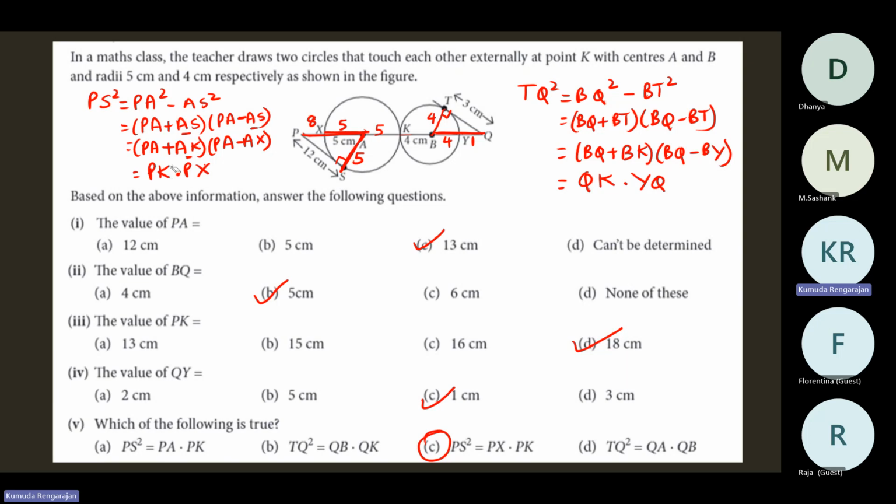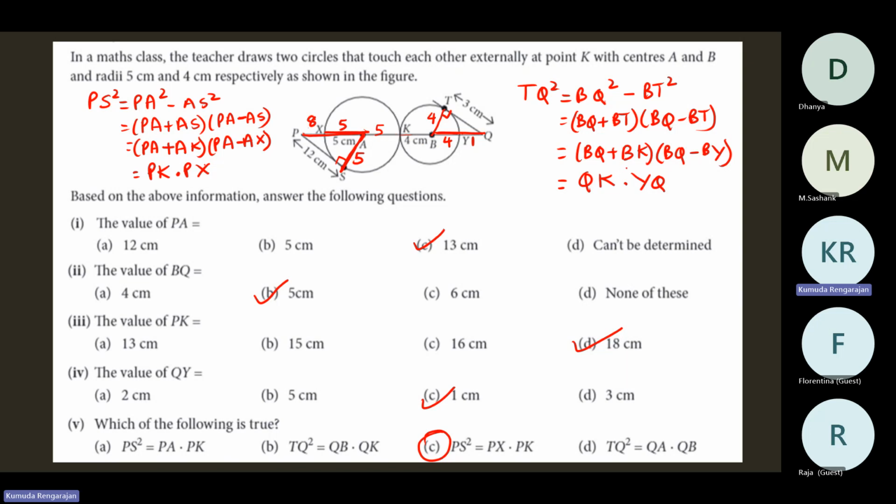So simply use Pythagoras theorem, and then A square minus B square is A plus B into A minus B. As we just understood, we can substitute three line segments for the radius: AS, AX, AK in the first circle, BT, BQ, and BK in the second circle.